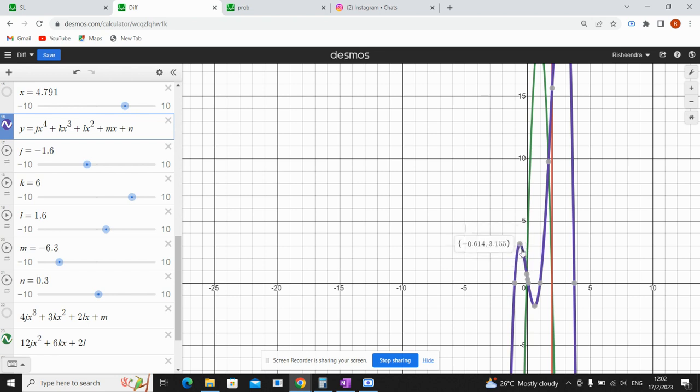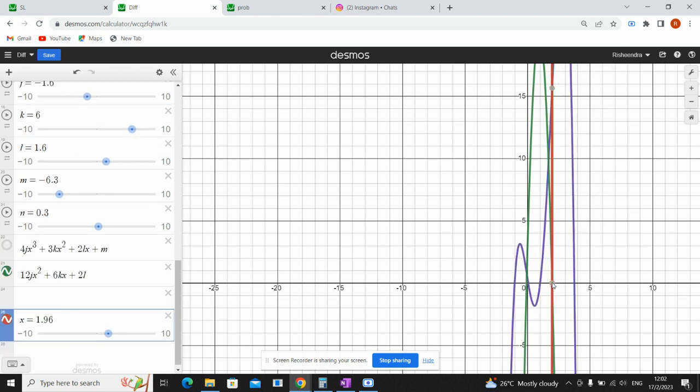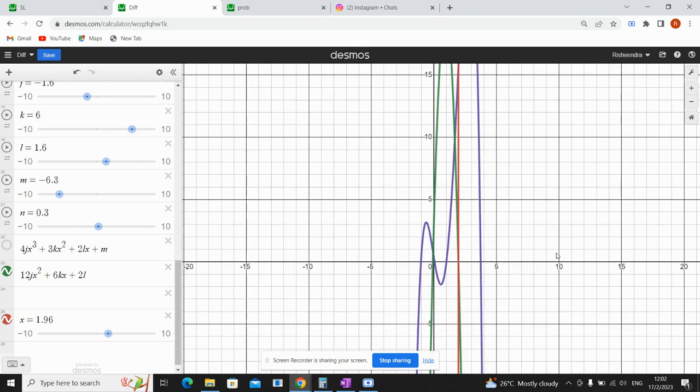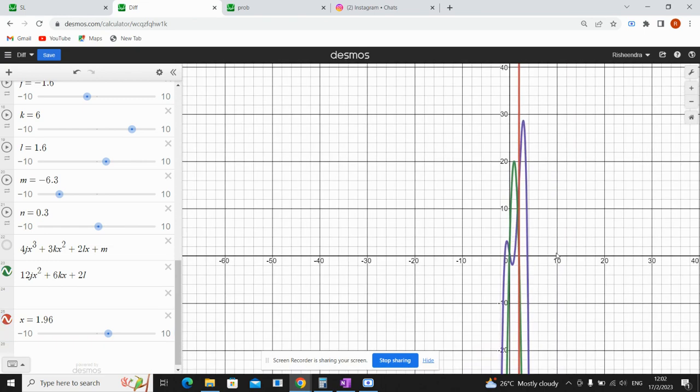Look here, it has a minimum value up to the 1.96 value. And then see, it has a maximum and a minimum value. That's how the differentiation works.